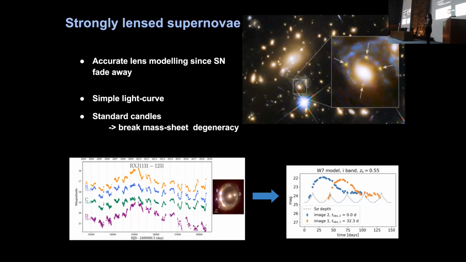Compared to quasars, which we have to monitor for many months to obtain the light curves, for supernovae the light curve is very simple. Normally, when the lens is a galaxy, the time delay is more or less weeks or months. If the lens is a cluster of galaxies, it takes more or less months to some years, but it's still simple. And also, they are standard candles. So it's much easier to do it with a strongly lensed supernova.